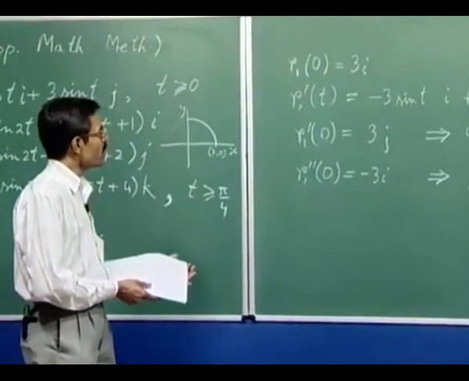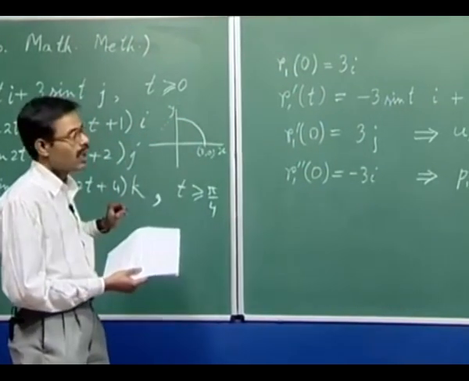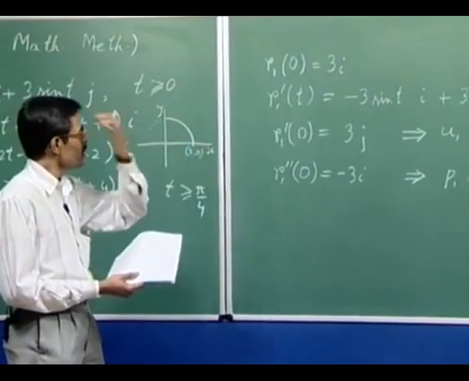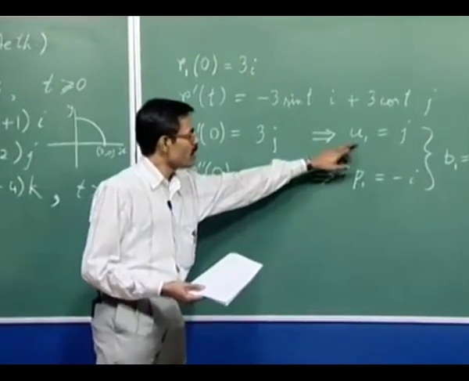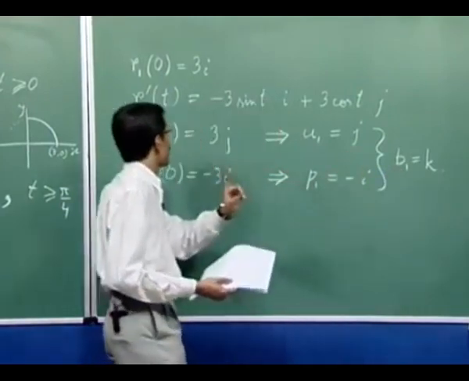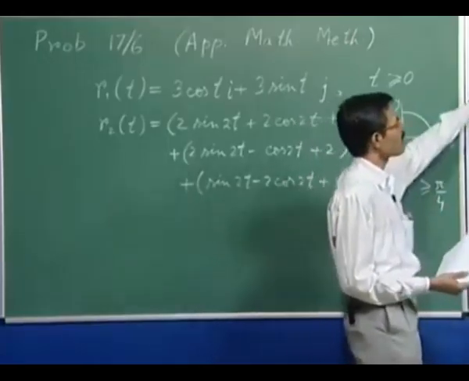Now we will try to find the same quantities from R2, and then try to work out the transformation which will bring u2 to u1, p2 to p1, and b2 to b1, and R2 at pi by 4 to R1 at 0.